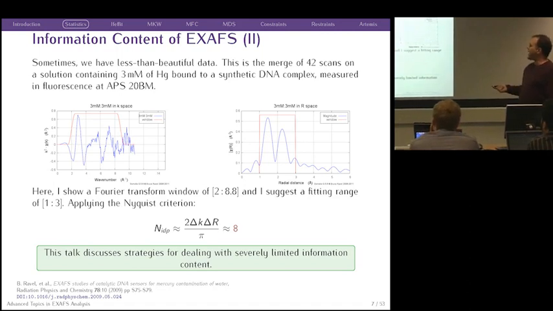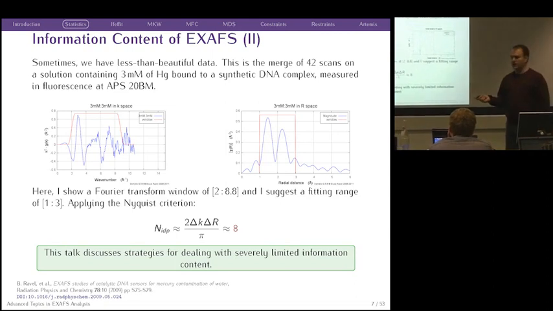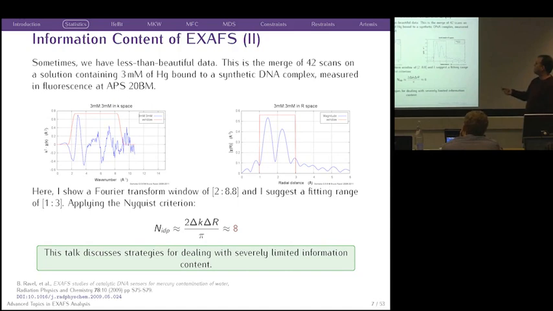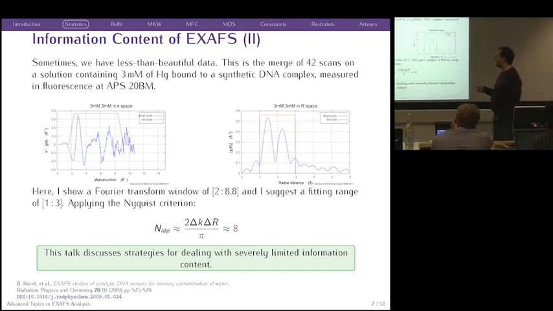And at the end of the day, literally at the end of the day, because I spent 22 hours on it, I ended up with this much usable signal in k space, much, much less than in the last slide, and a couple of clear, well-resolved above-the-noise peaks in R. And when you apply the Nyquist criterion, you get all of 8. So there's a lot less information that I could hope to get out of data like this.